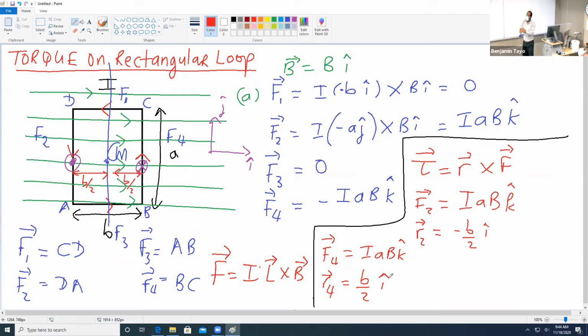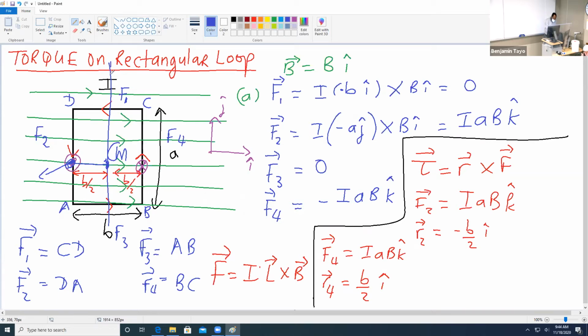You guys see that? So now, let's calculate the torque. So from the force to the center of mass? Yes, so if this is the point of action of the force, what is the position vector from this point to this point right here? Wouldn't it be positive B over 2 I if it's going from the left to the right?